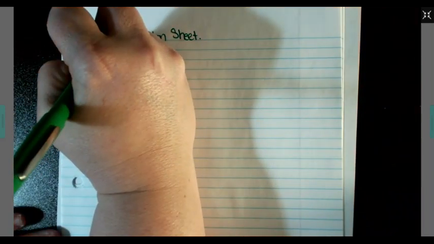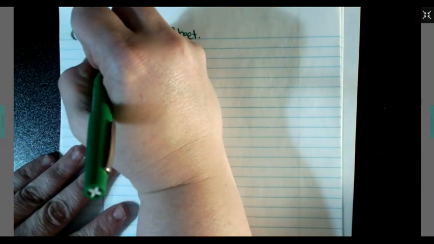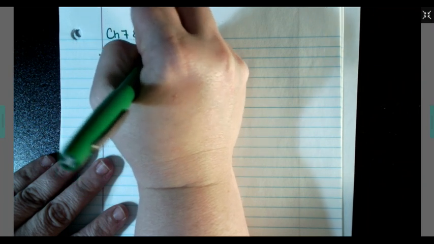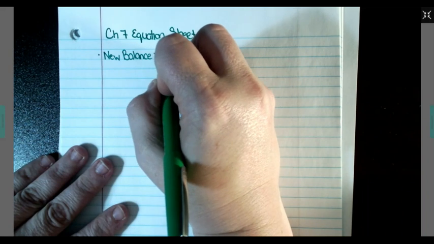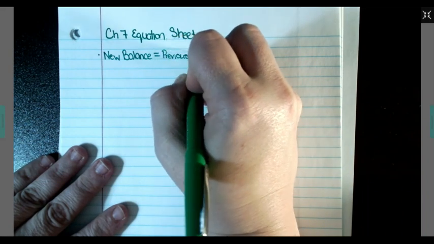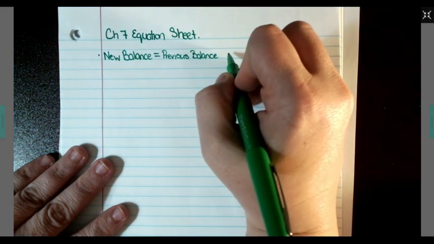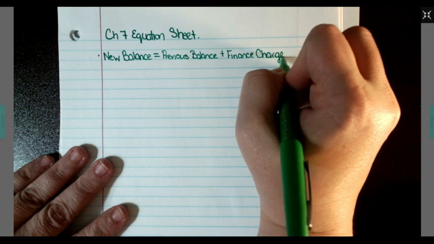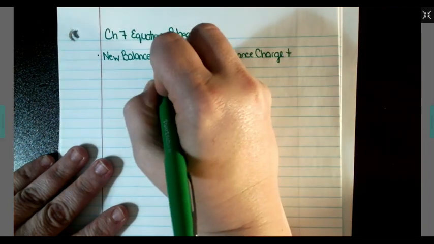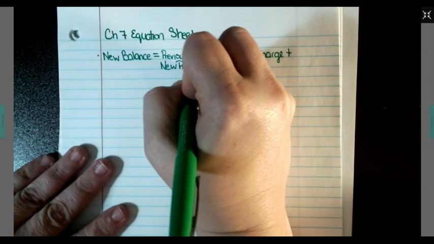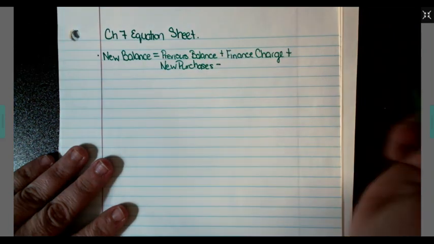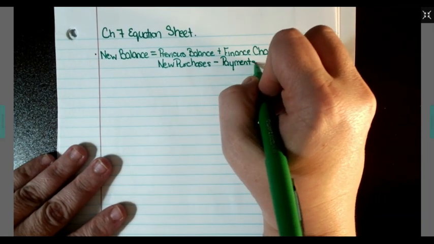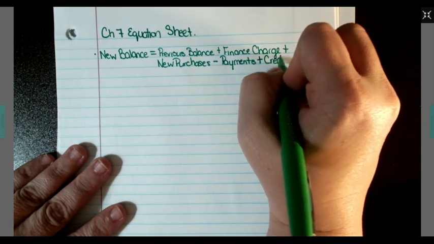There is one equation that we will be using today, and that is new balance equals previous balance plus the finance charge plus new purchases minus payments plus credits.